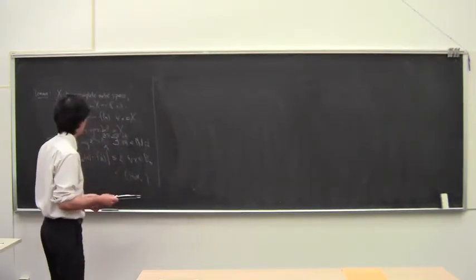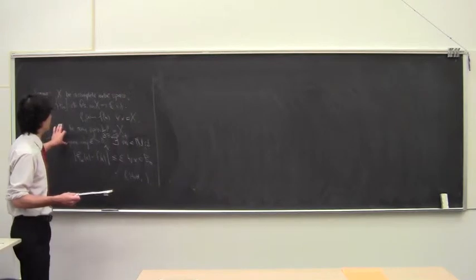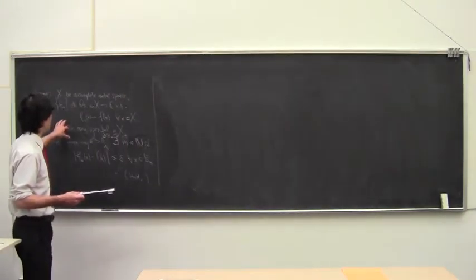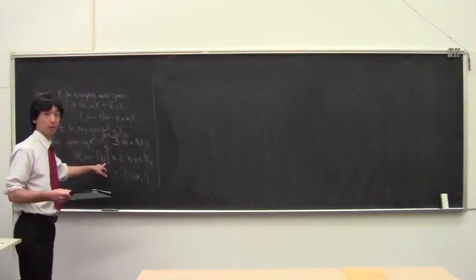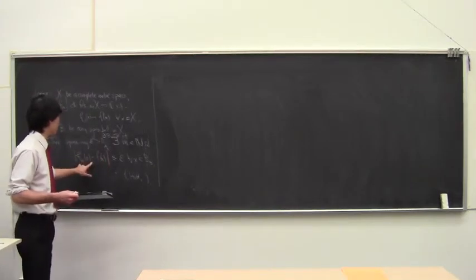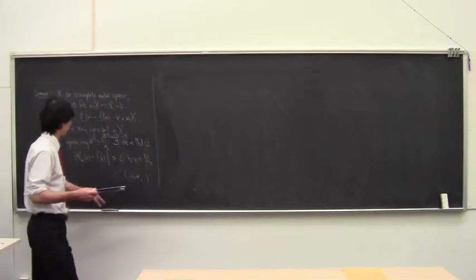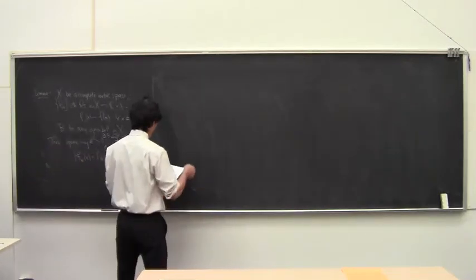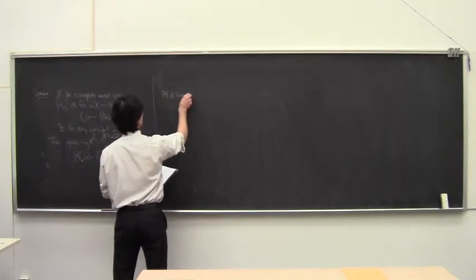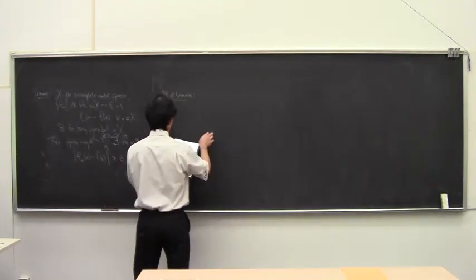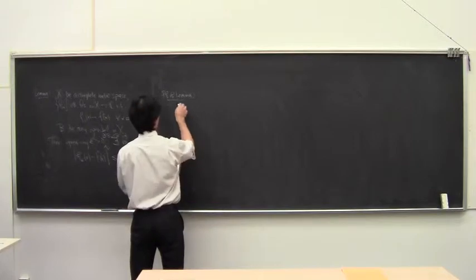Okay, so we need to prove this: that for f, you can find some little ball on which f is well approximated by one of these, epsilon. And so, proof of the lemma. Again, we'll use the Baire category theorem.